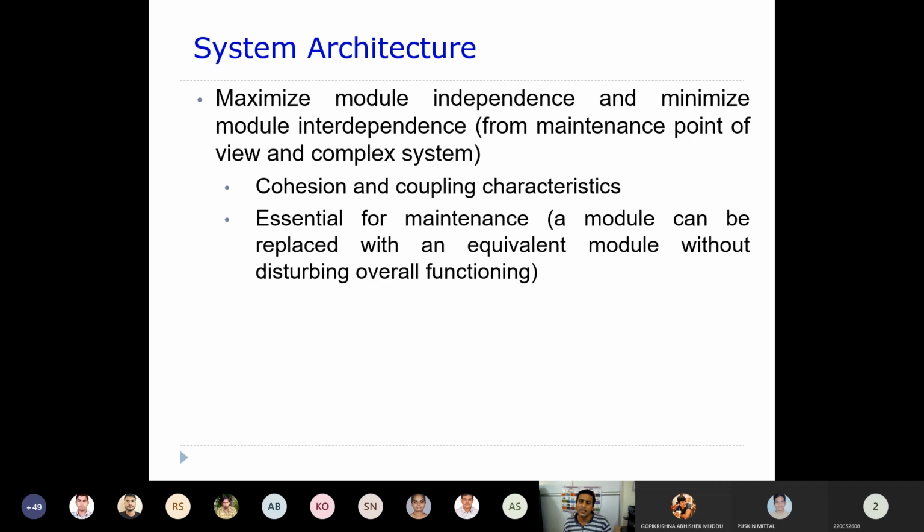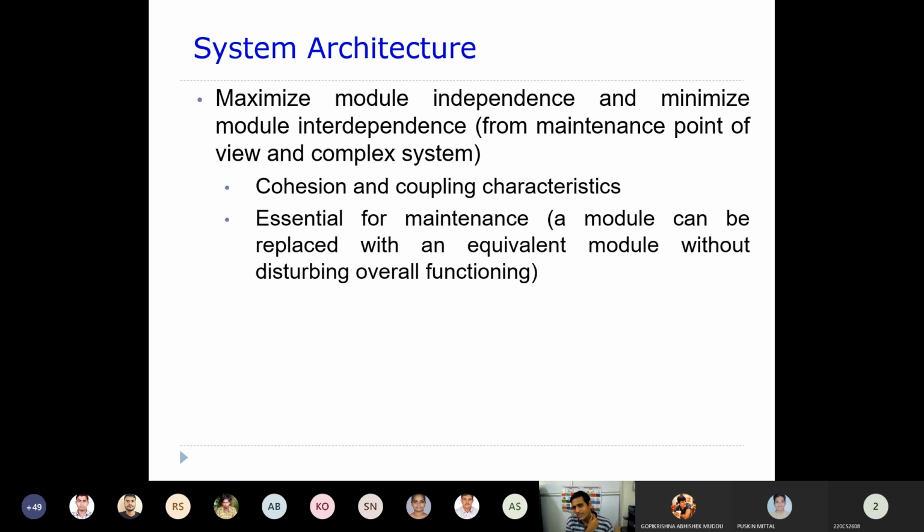That means the independence you need to increase, and minimize module interdependence. We also try to minimize the interdependence between modules. So the module itself should be very independent, and it should not depend on other modules.